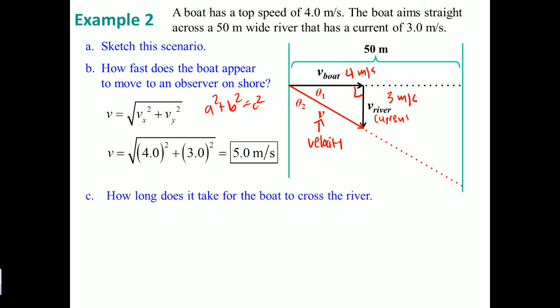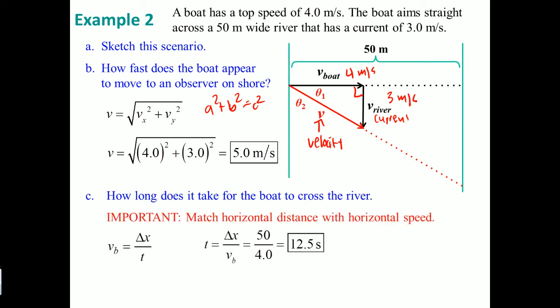Okay, so we have this as the velocity. If you would like to see how long it takes, again, you would set up the kinematics equation: v is equal to delta x over t. But here you make sure you substitute in the right value.